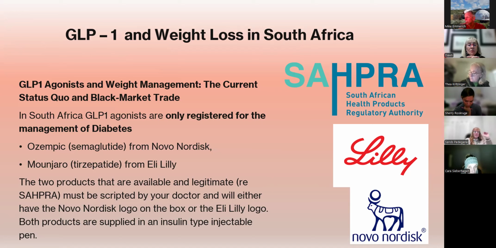It's important we understand that, and also as a result of this, there's a significant black market trade that has now arisen through this process. Because of poor supply, there's a lot of black market drugs that have hit the market, which are not made by Eli Lilly or Novo Nordisk, but they've got their branding on it, but they are not their drugs.